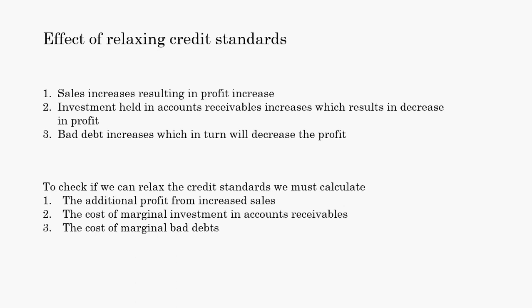So what is the effect of this relaxing of credit standards? The first impact is that the sales generally would increase because you are giving very lenient credit terms compared to other companies. So any relaxing in credit standards will help you in increasing the sales. That is the positive impact that you will have by relaxing the credit standards.